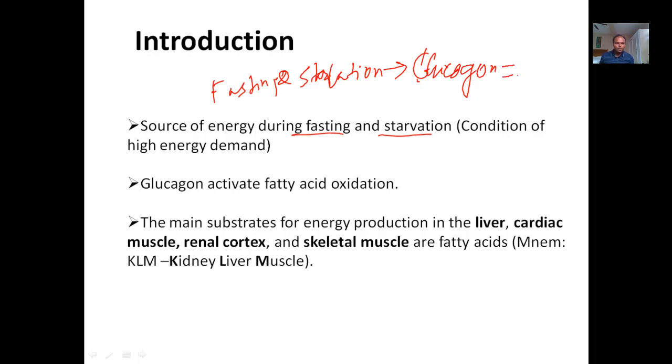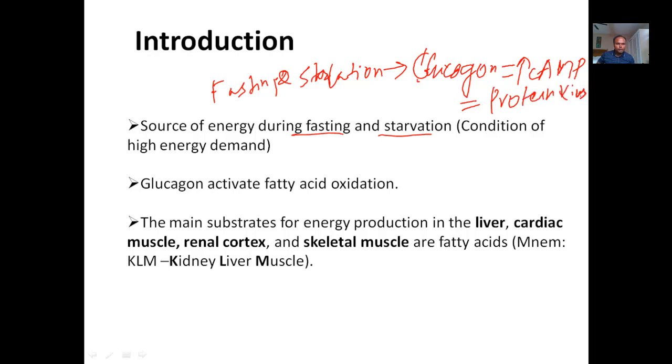Glucagon, what does it mean? When the concentration of glucagon in blood rises, what will happen? cAMP concentration will increase, and that means intracellular phosphorylation. How?